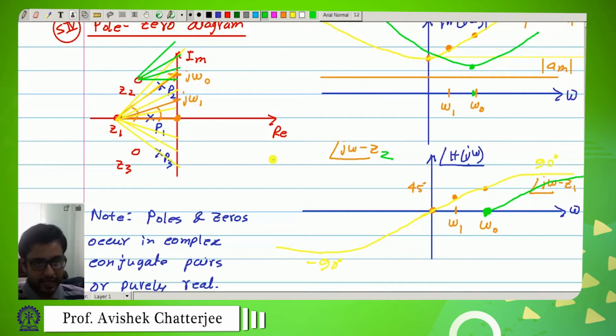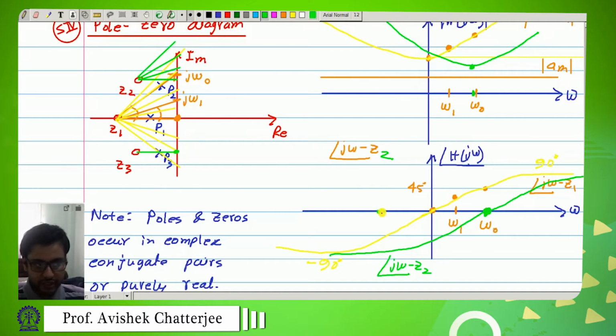Before that the angle will decrease and it will go towards minus 90. So this plot is for angle of j omega minus z2. In the same way you can do this for z3. So for z3 you will get 0 degree somewhere around minus j omega naught.